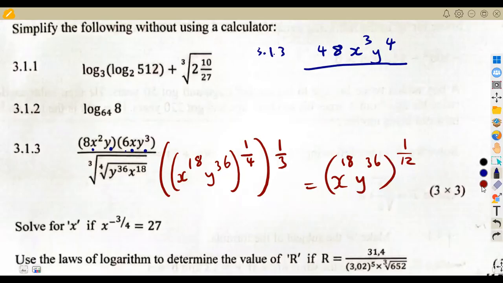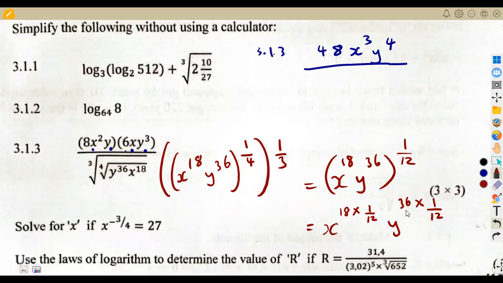We are going to notice our x being raised to the exponent of 18 multiplied by the exponent of 1 over 12, y being raised to the exponent of 36 multiplied by 1 over 12. The exponent to an exponent.